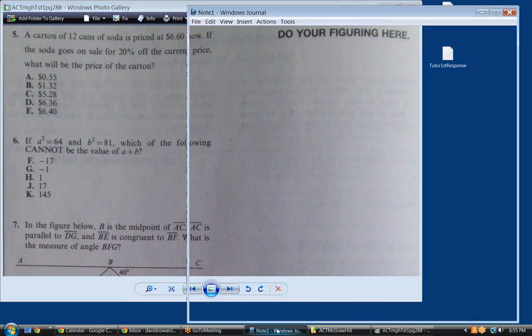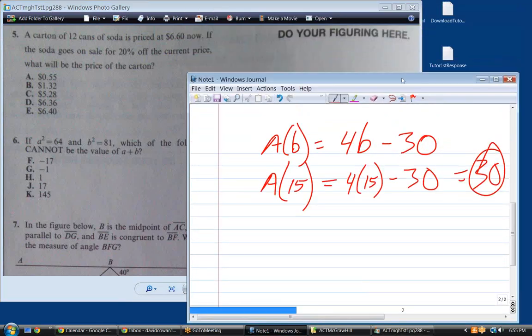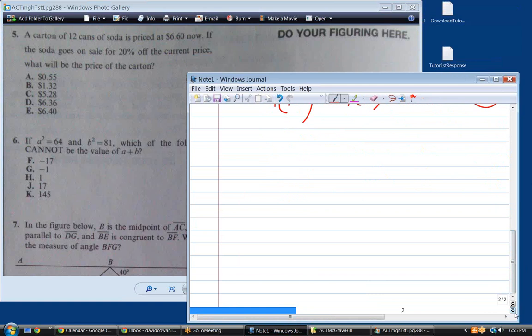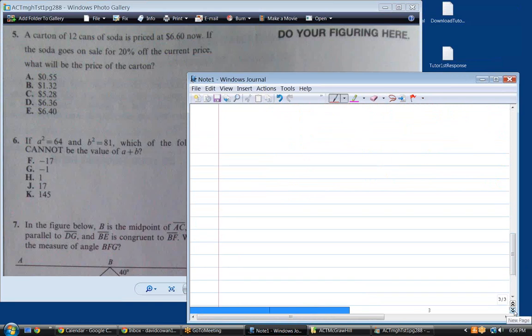Would you just divide by 0.2? Yes. What did you come up with? Well, never mind. I don't know. Divide what by what? I said divide 660 divided by 0.2.